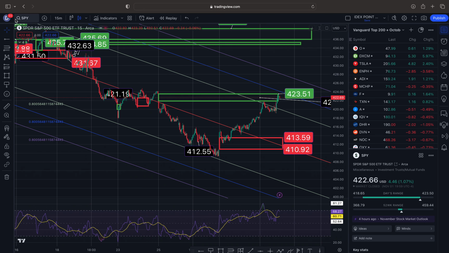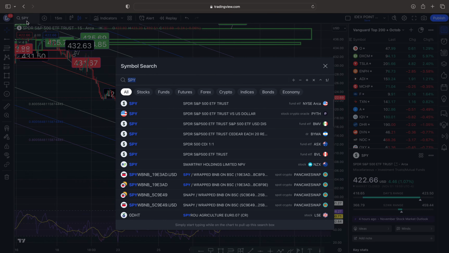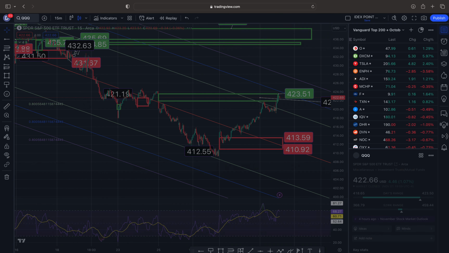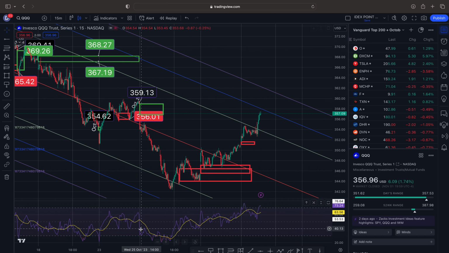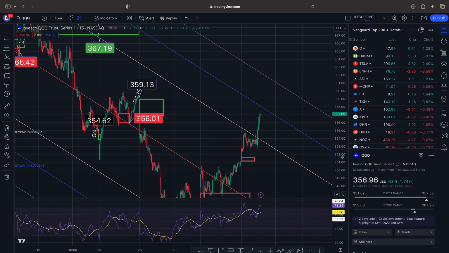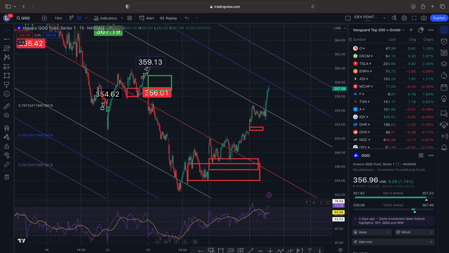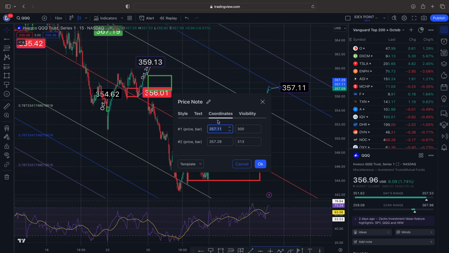All right, let's move on to the triple Qs. We are at resistance and a possible take profit area. Let me change this out.